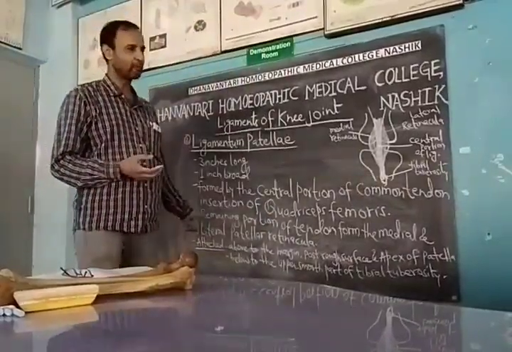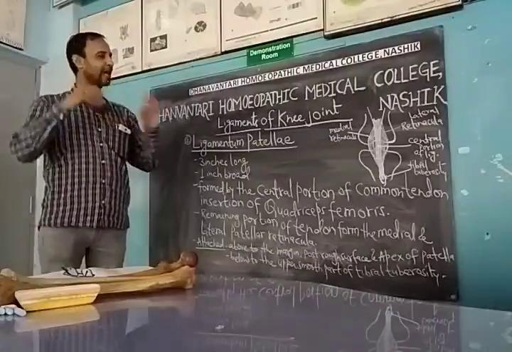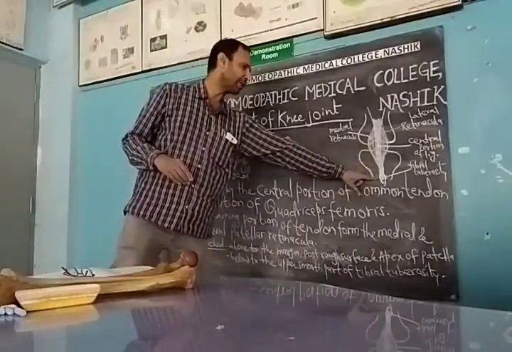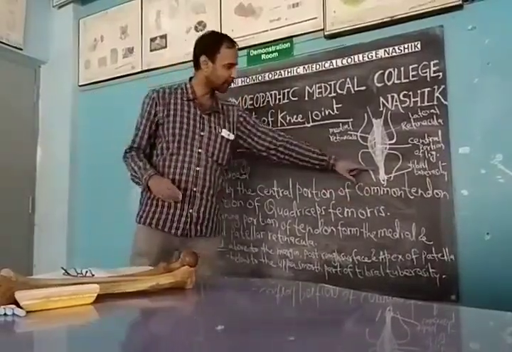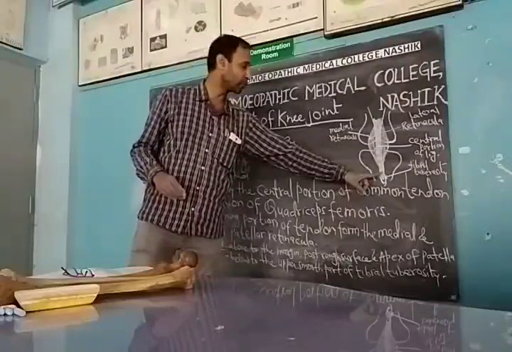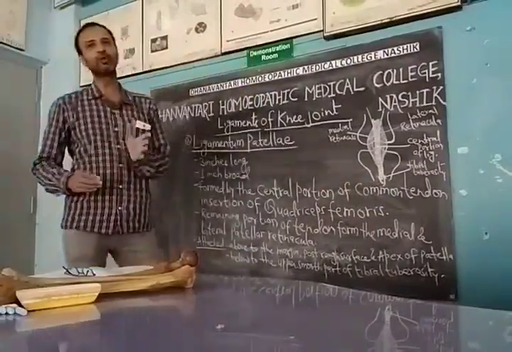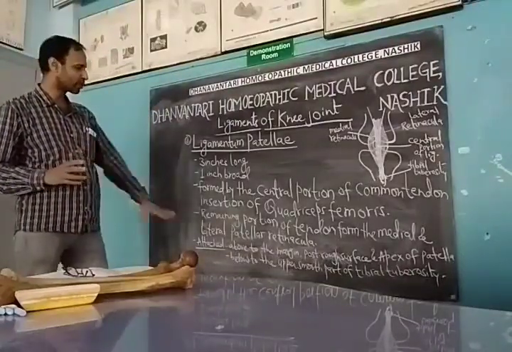The lower part is attached to the upper smooth part of the tibial tuberosity; the tibial tuberosity is upper smooth and lower rough. So this is all about the attachment.